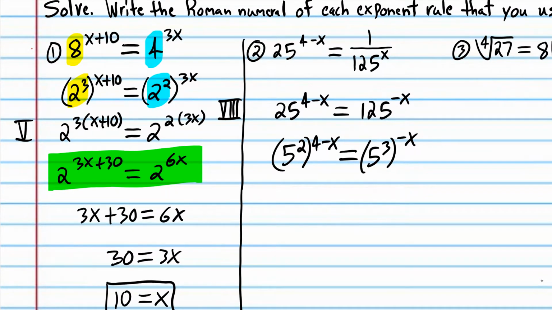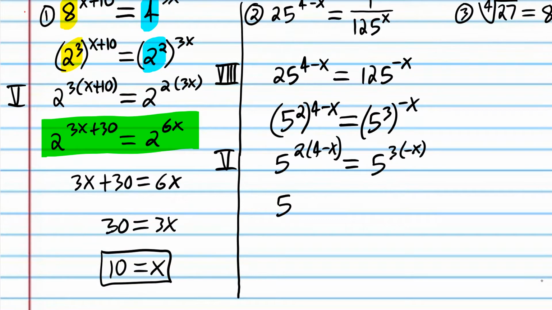So now I'm raising powers to other powers, so rule 5 tells me that I can multiply the exponents. And I'm going to use distribution on the left side, so we get 8 minus 2x and negative 3x.